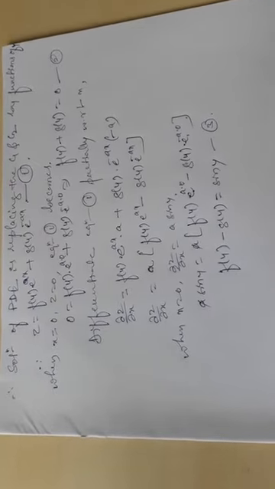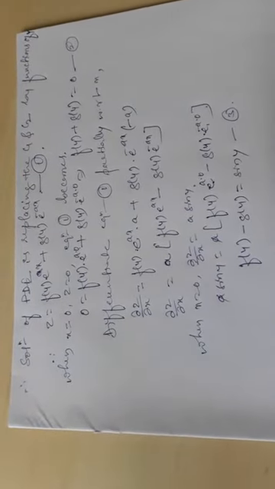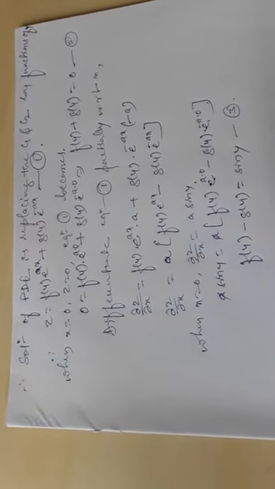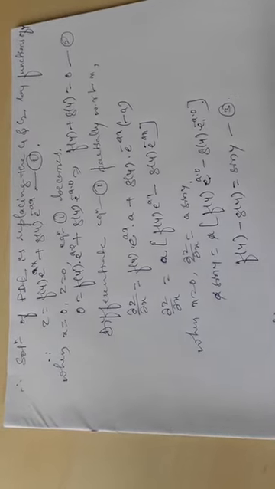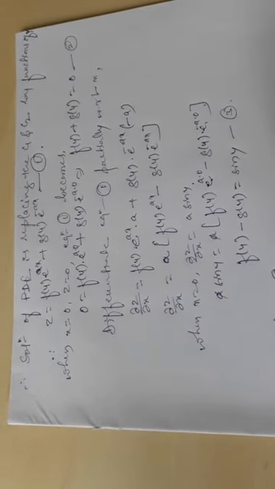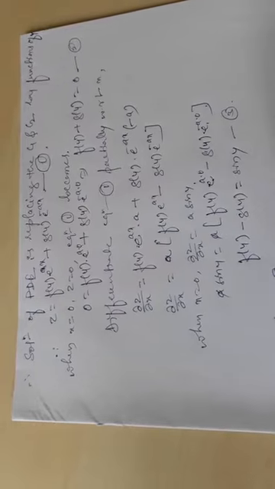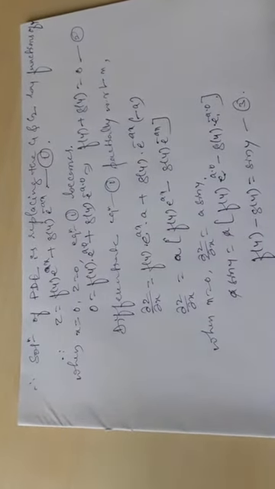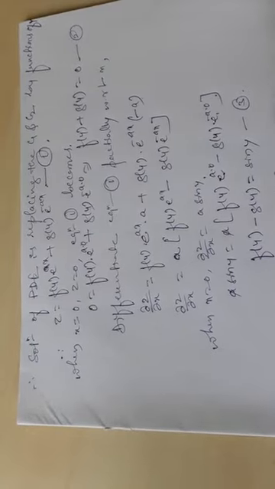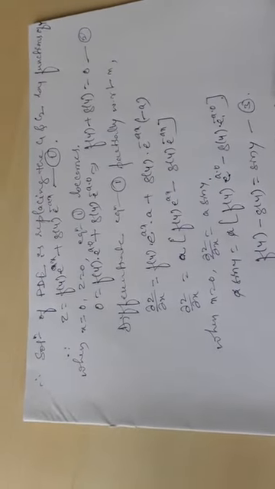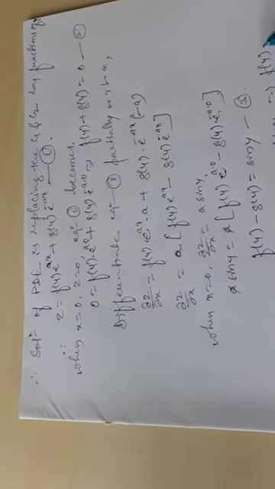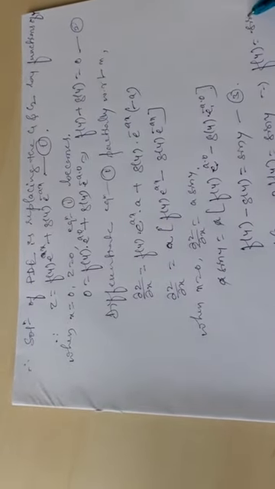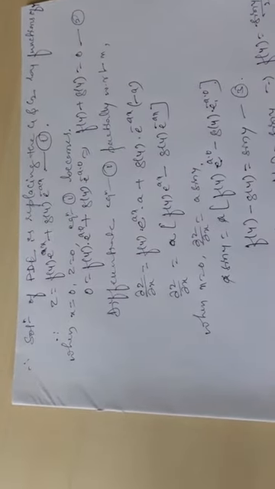By solving 2 and 3, that is adding 2 and 3, g of y gets cancelled. 2 times f of y equal to sin y, which implies f of y is sin y by 2.